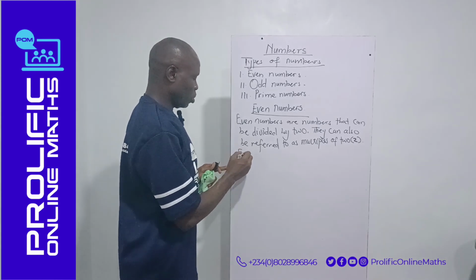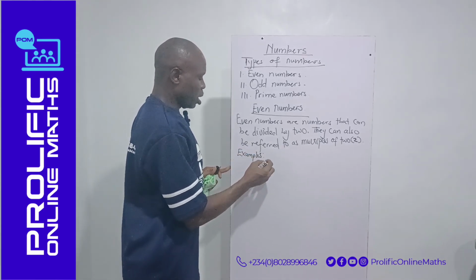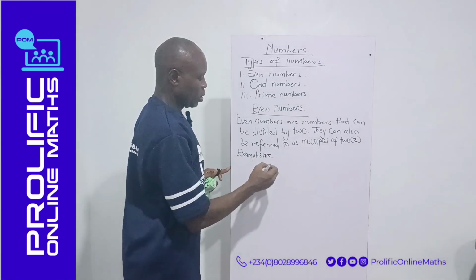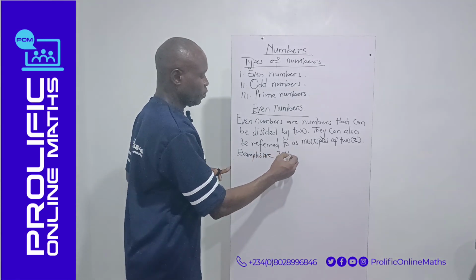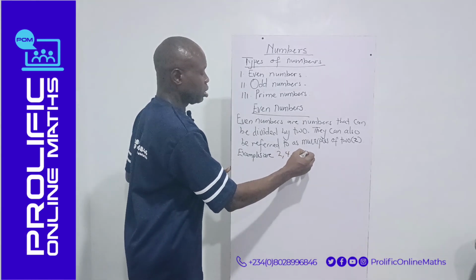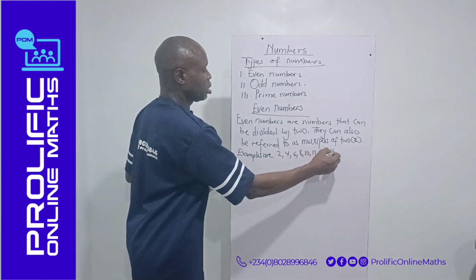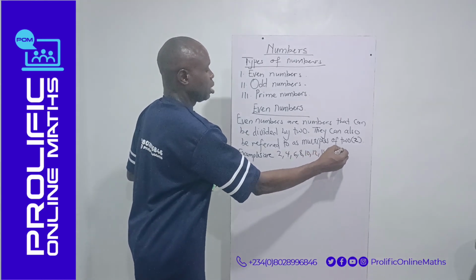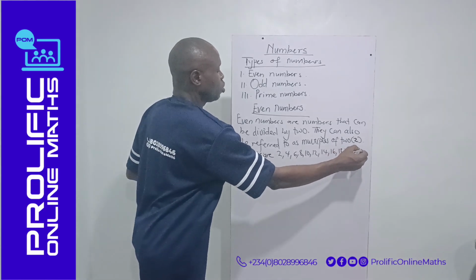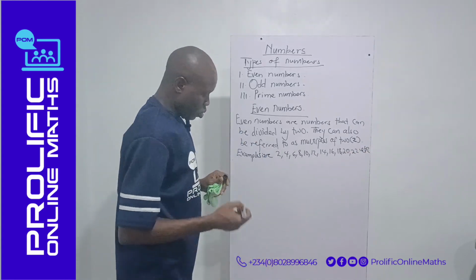Examples of such numbers are 2, 4, 6, 8, 10, 12, 14, 16, 18, 20, 22, and so on.